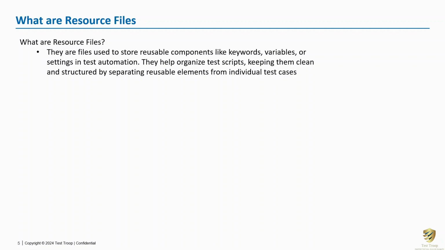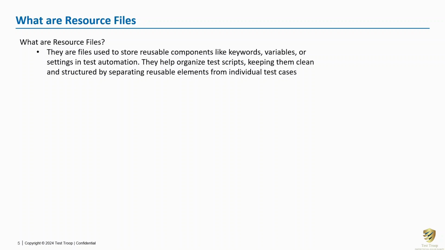In our example, we wrote the entire test cases, keywords, and settings in the same file, right? These resource files are separate files where you can store reusable components like keywords, variables, test data, or the configuration that we will be using in test automation.